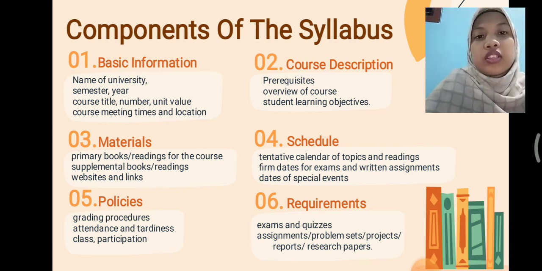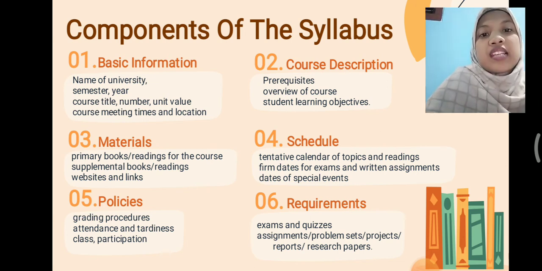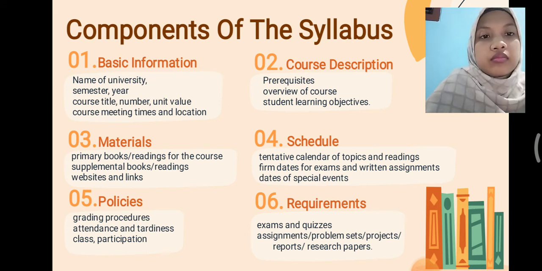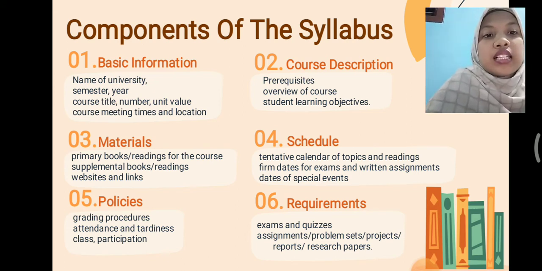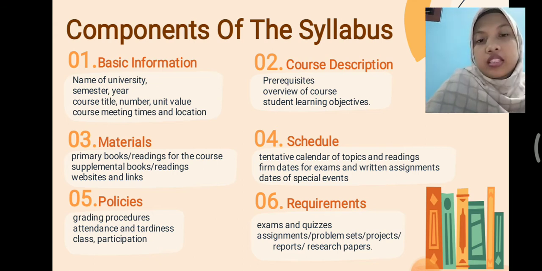And then the third, materials. There are primary books or readings for the course, supplemental books or readings, websites, and links. And then schedule. Schedule: tentative calendar of topics and readings, firm dates for exams and written assignments, dates of special events.